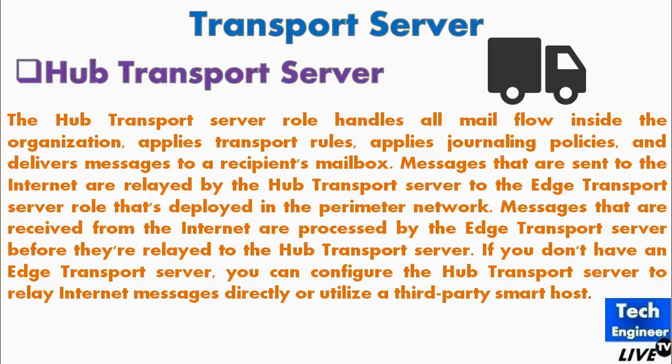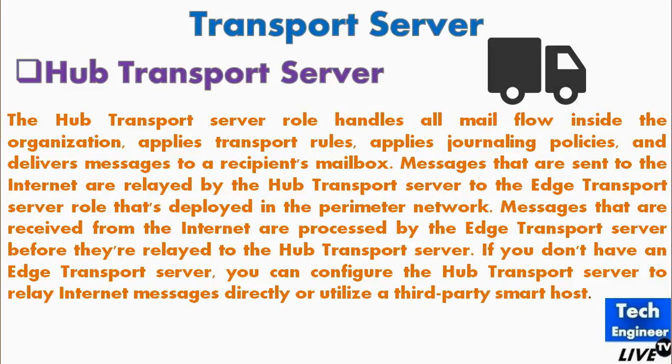Messages that are sent to the internet are relayed by the hub transport server through the edge transport server. If you deploy the edge transport server in the perimeter network, then there is a rule that makes sure all the messages relay through the edge transport server.